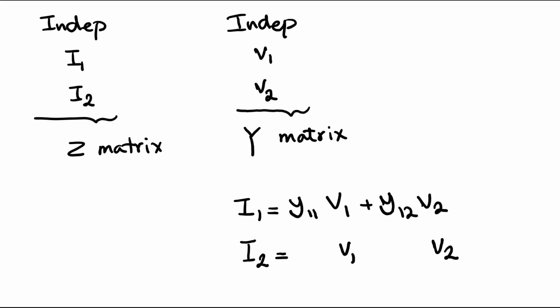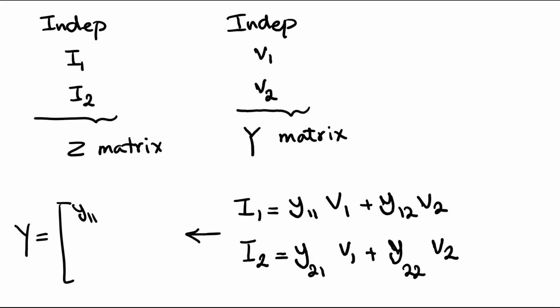So my linear combination has this form. I have Y21 multiplied by V1 plus Y22 multiplied by V2. So it means that my Y matrix is equal to Y11, Y12, Y21, and Y22 component.